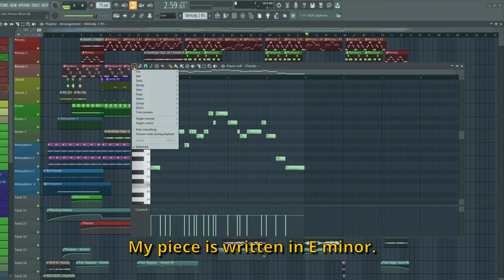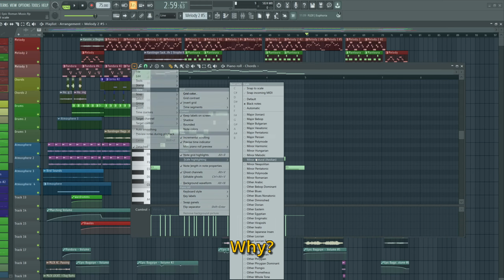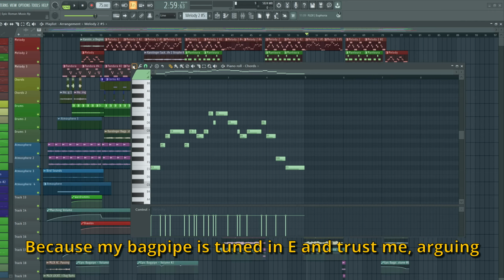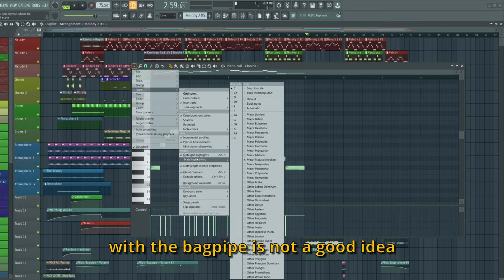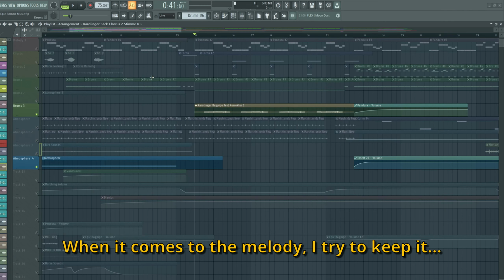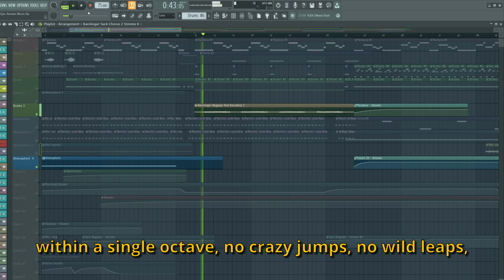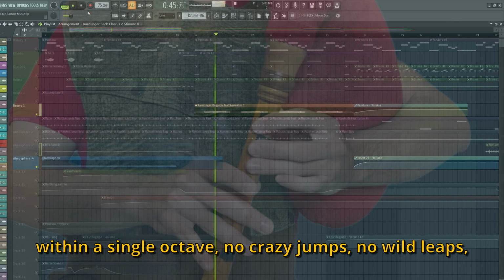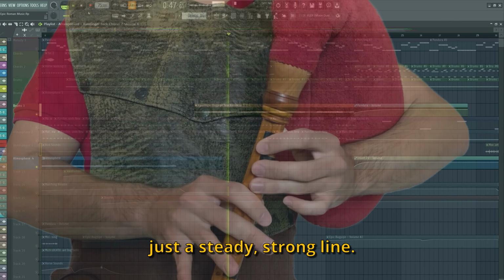My piece is written in E minor. Why? Because my bagpipe is tuned in E, and trust me, arguing with the bagpipe is not a good idea. When it comes to the melody, I try to keep it within a single octave, no crazy jumps, no wild leaps, just a steady, strong line.